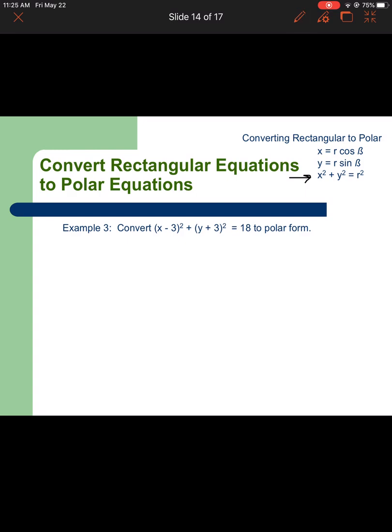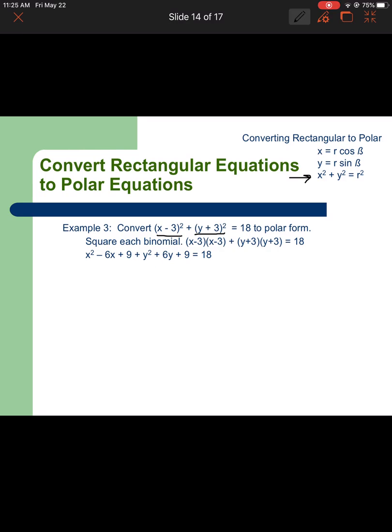Why? Because we have x minus 3 squared and y plus 3 squared. What does that mean? You are going to have to square each binomial. And when you do that, it's going to be x minus 3 times x minus 3. So you will have to distribute, okay? So once you do all that and you distribute correctly, we get x squared minus 6x plus 9 plus y squared plus 6y plus 9 equals 18.